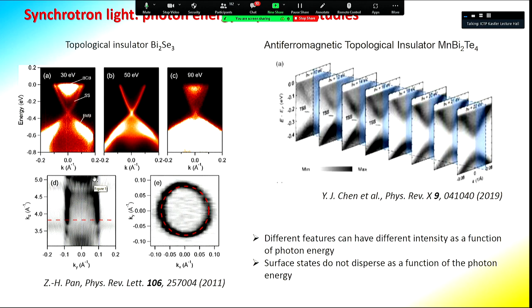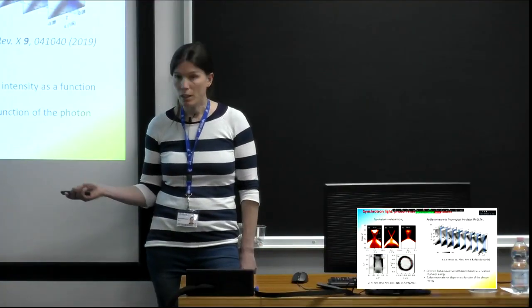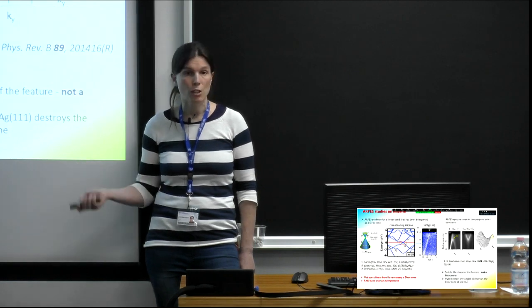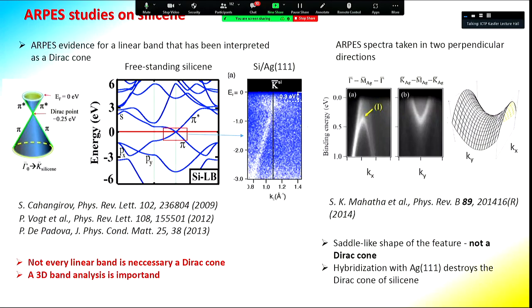They do not change their position with photon energy, while the bulk-derived features normally change. It is also not always like this. For example, the feature reported for silicene as a Dirac cone was not changing with photon energy, but that is because it is a particular silver state that stays there because the density of states is high.